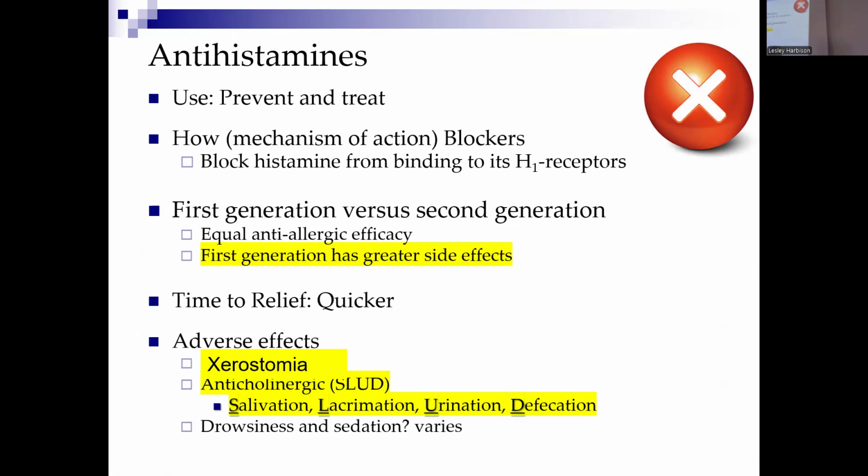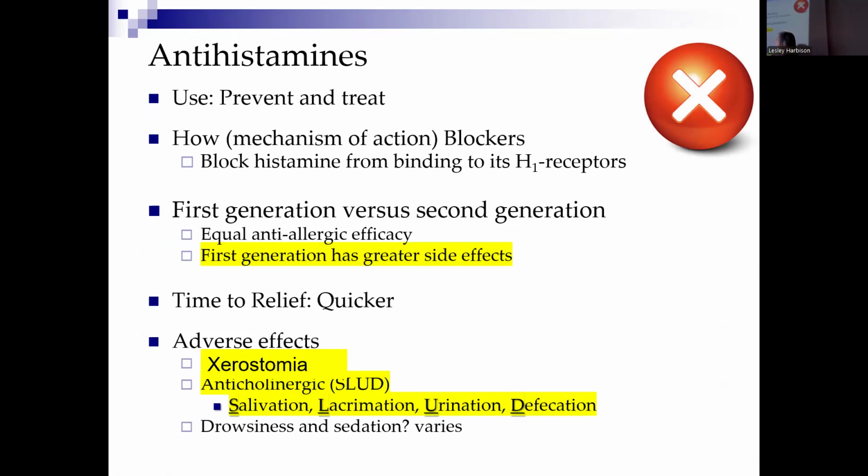And this topic, I think we talked a little bit about too in the beginning. A lot of the receptors are cholinergic receptors in the parasympathetic system. And so if something is anticholinergic, I wonder if this will ring any bells. Dr. Fortner talked about this too. If it's anticholinergic, if it's blocking cholinergic receptors, we end up with a lot of the side effects of dry mouth, dry eyes, can't urinate, and you can't defecate.